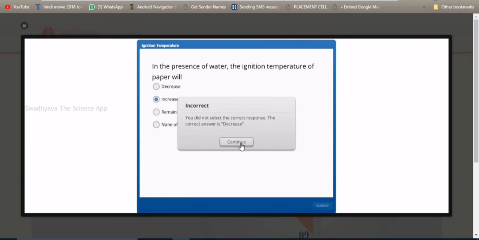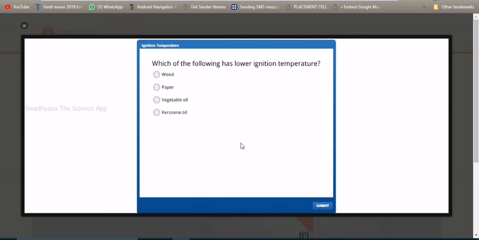It was a wrong answer. Which of the following has lower ignition temperature? Kerosene. Paper was the right answer.